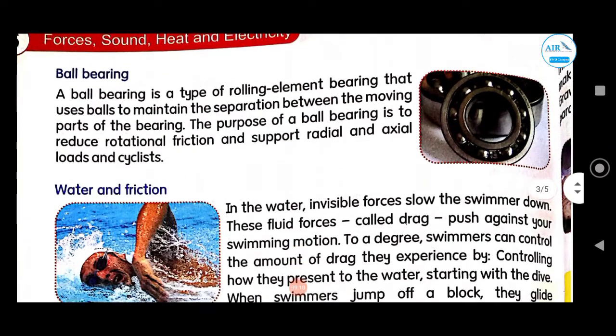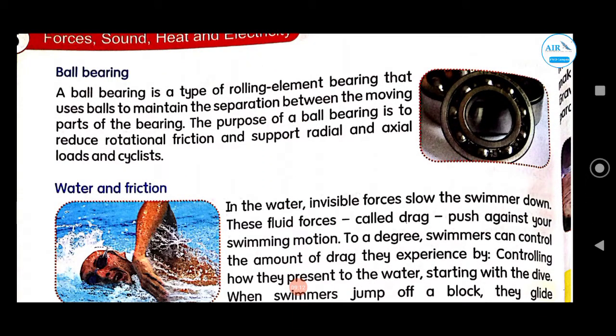Here you can see a ball bearing, which is used in bicycles and also inside the wheels. This ball bearing is a structure where you have two rings of metal, and in between these two you have metallic rolls, meaning metallic bobs.